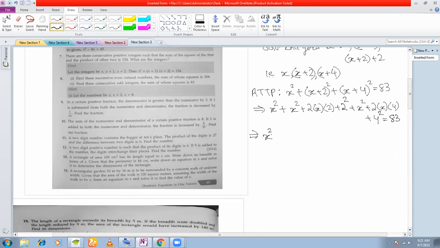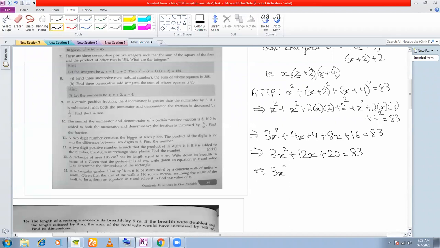So you get here x square. You add up all the x squares, you get 3x square, plus 4x plus 4, plus again 8x plus 16 is equal to 83. So you get here 3x square plus 12x, 8x plus 4x is 12x, plus 16 plus 4 is 20, is equal to 83.